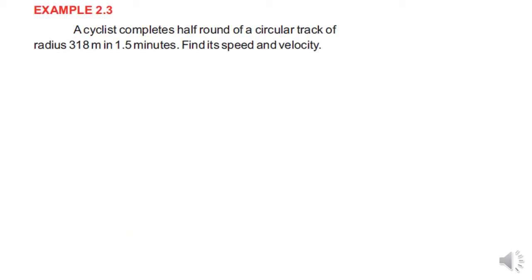Now let's have another example, which is 2.3. A cyclist completes half round of a circular track of radius 318 meter in 1.5 minutes. Find its speed and velocity.